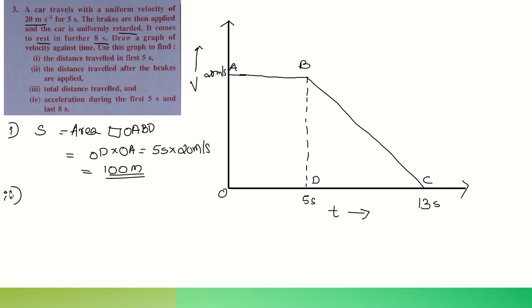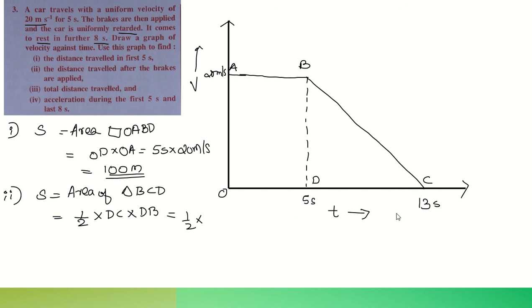Second question. The distance traveled after the brakes are applied. That means distance is equal to the area of triangle BCD. So what is the area of the triangle BCD? Half into DC into DB, right? So half into DC.